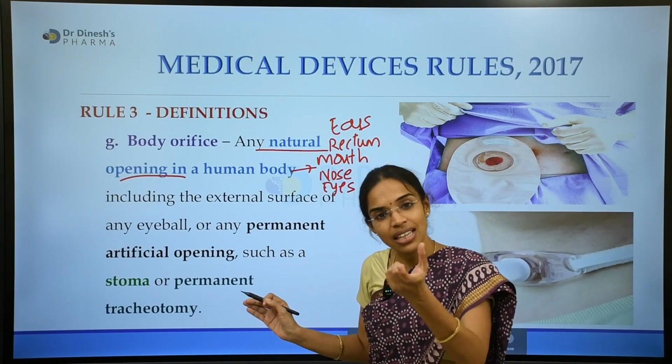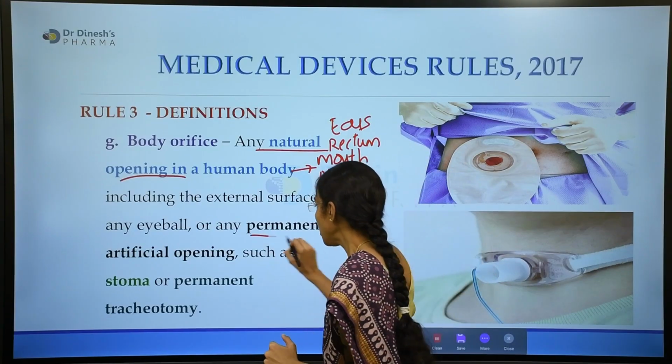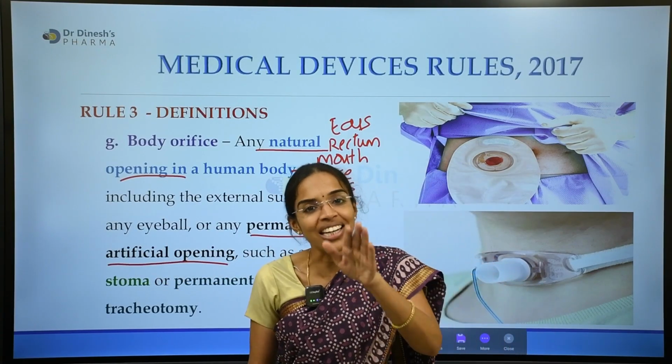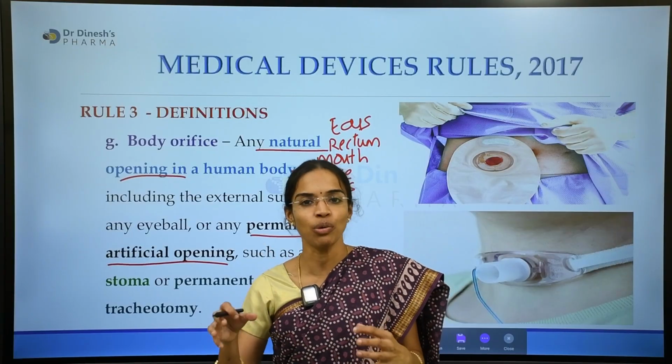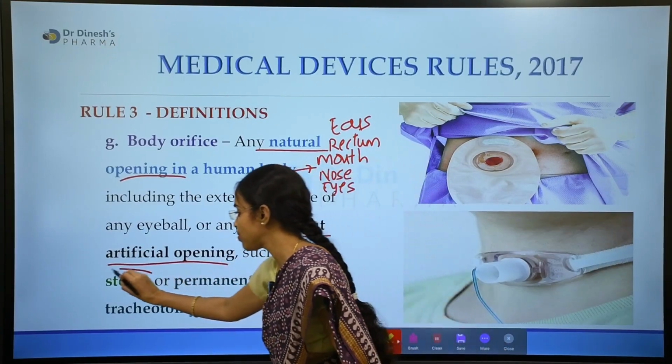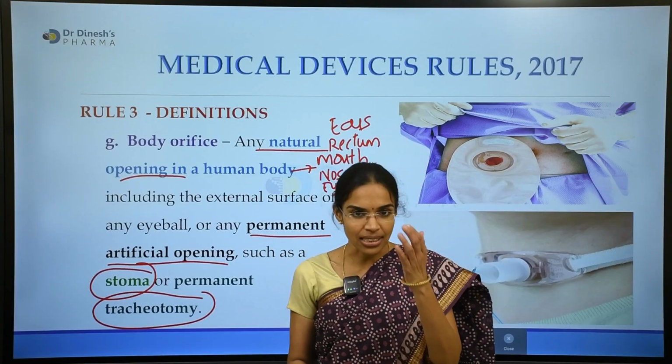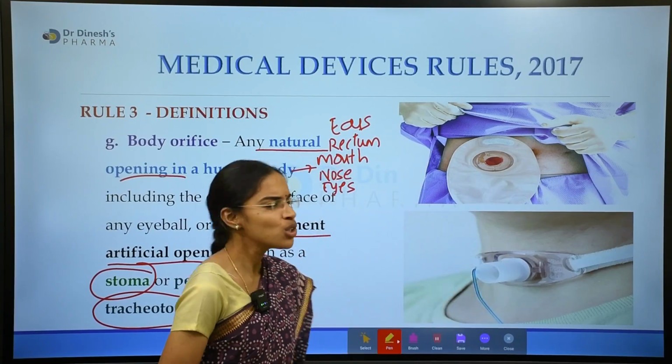All these natural orifices, or any permanent artificial opening which is present in the human body, such as a stoma or a tracheotomy bag. So what is a stoma?